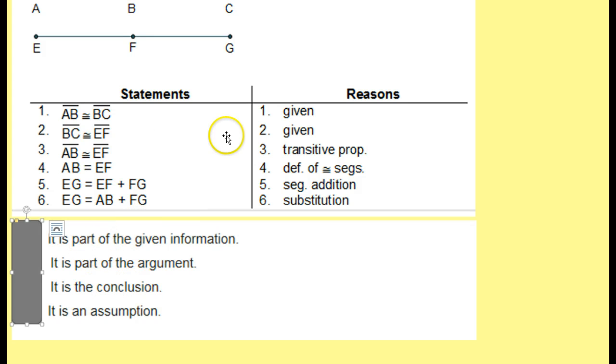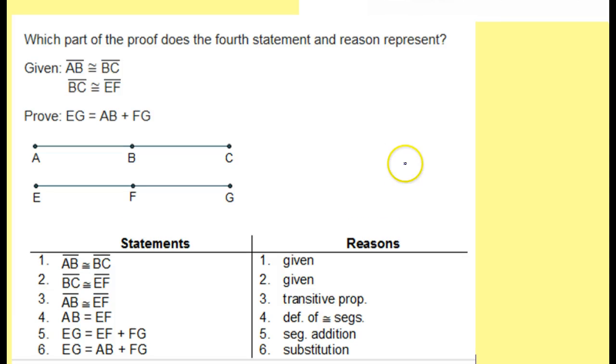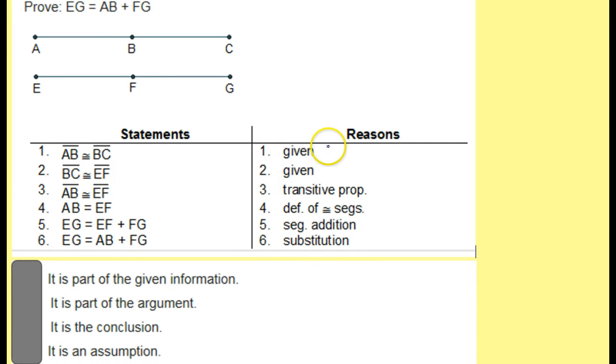They're just talking about what part of the proof is step 4. And so that's actually very simple because it comes down to 3 really basic things. In a proof, it has 3 main parts to it, which seem to be broken down right here.